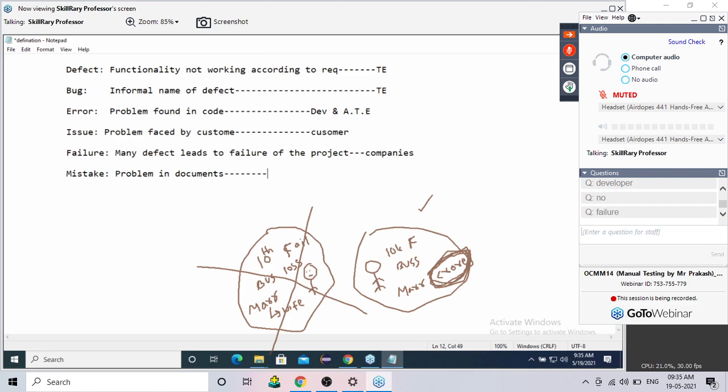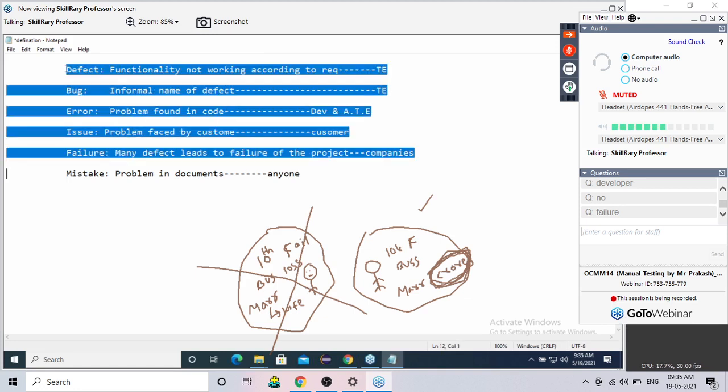If any problems are there in the document, we call it a mistake. So can I say this word can be used by anyone? Yes or no? Yes. So lesson learned. These are the only terminologies that you are going to use from today. Remember this point. Apart from this, I don't want to use any other word. Am I clear with the definitions?